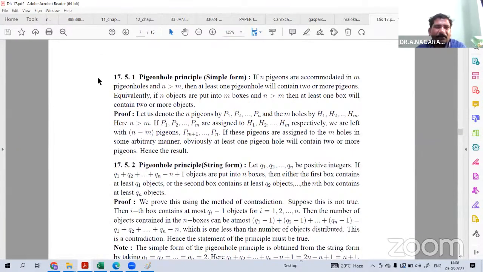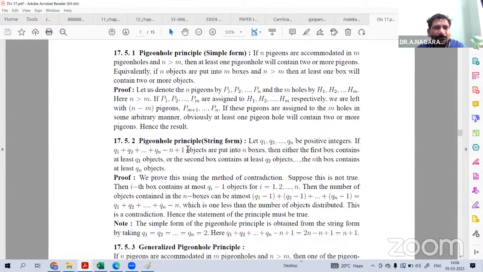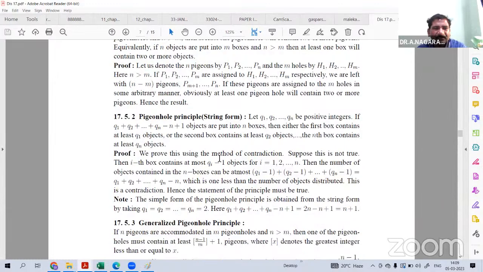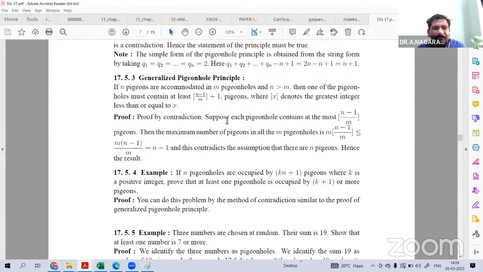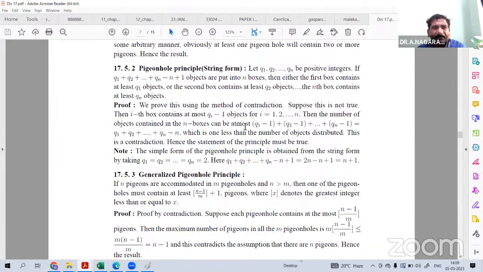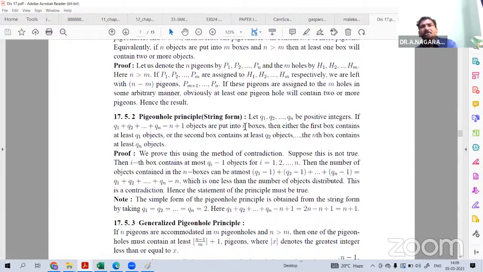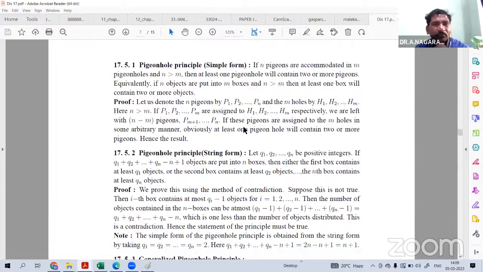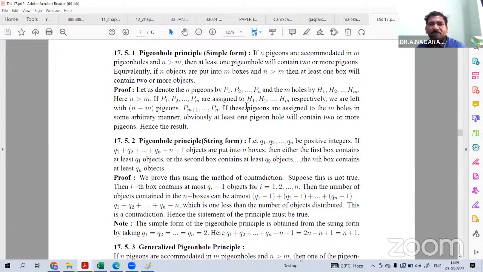Now, what is the proof of the simple form? Coming to 17.5, it is sometimes a 4 mark question, both together. Strong form and simple form, both are 17.5.3. In these 3, any 2 will be mixed up as A and B parts and come as one long question. Once again, all of you be careful about it.